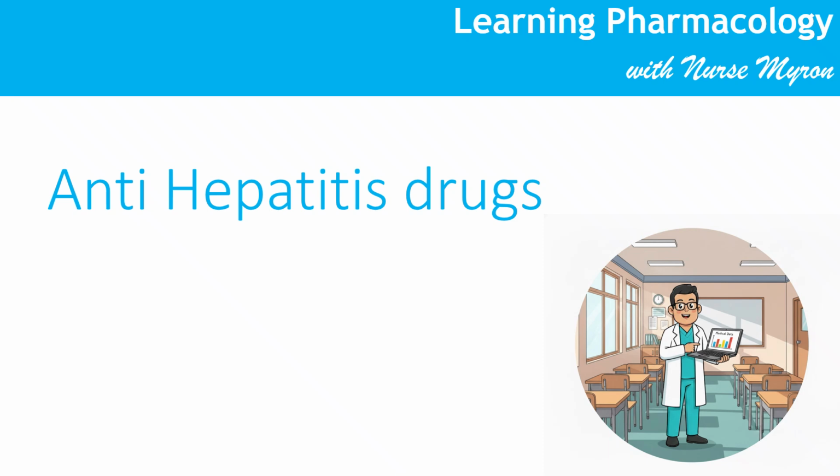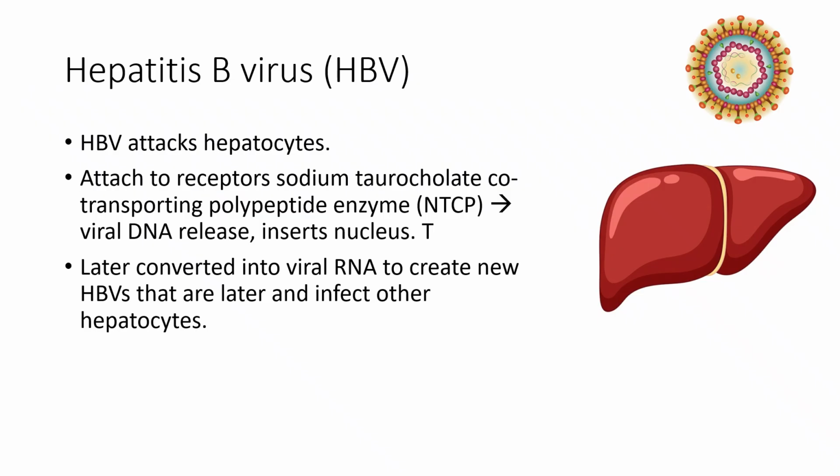Moving on to our next category, we have our anti-hepatitis drugs. Recall from our microbiology and parasitology class, the hepatitis B virus is also known as your HBV. These viruses attack our liver cells, also known as our hepatocytes.